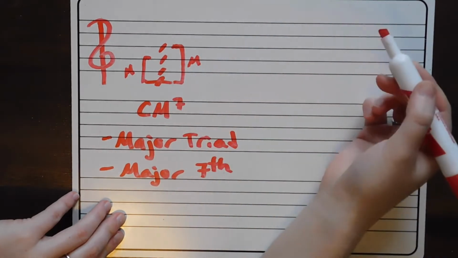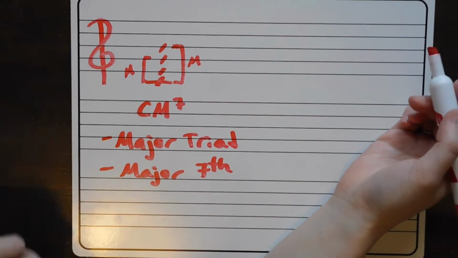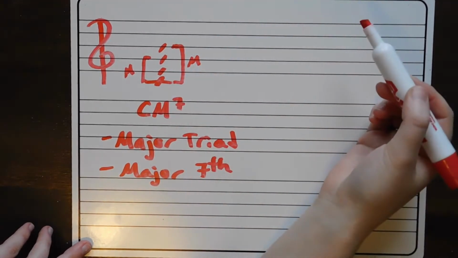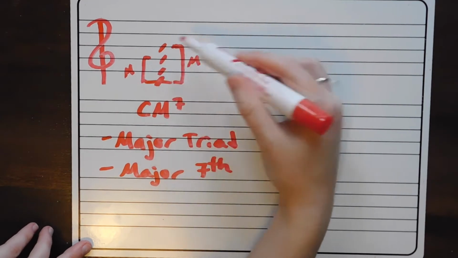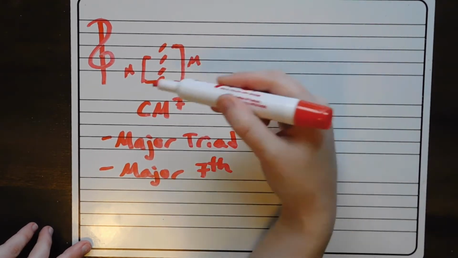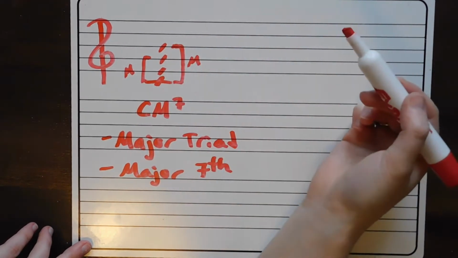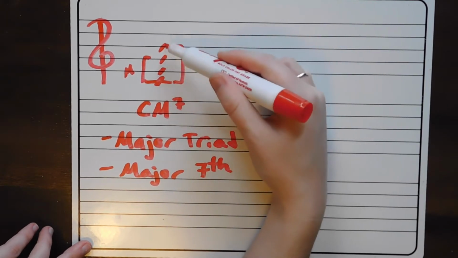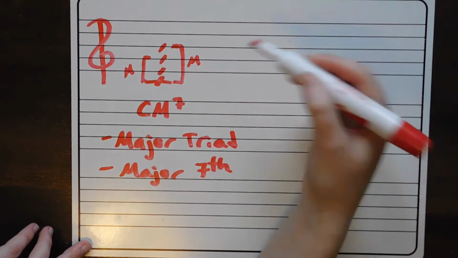I always think in the key: any scale degree that is in that key is going to be a major quality. So literally you use scale degrees 1, 3, 5, and 7 in the key of C major to build this chord.